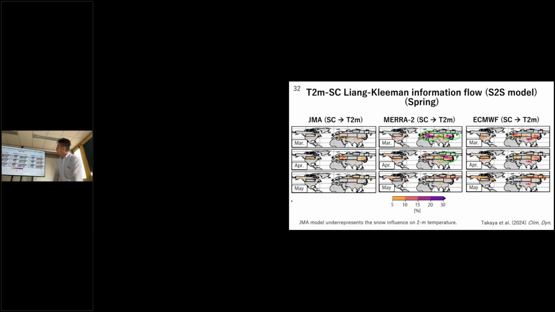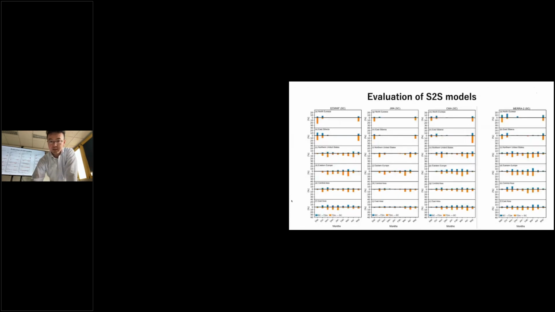Anyway, this is just the same figure for three models. Now we have the CMA model. The CMA model is another model that reasonably captured it, slightly underestimating the snow cover influence compared to the analysis, but these two represent reasonable snow impact.